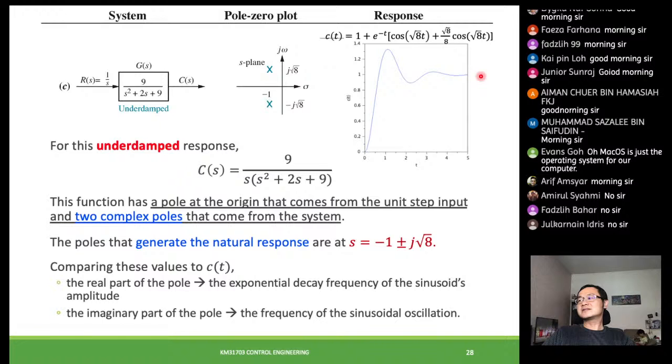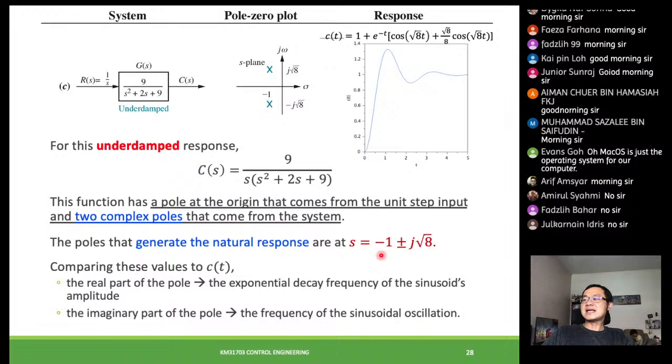If you solve this bottom part, the solution of s would be -1 plus or minus an imaginary component. So you can try to solve this bottom part, and you will get the imaginary part of it. Because of this imaginary part, when you plot it on your s plane, it is no longer lying on the real axis.